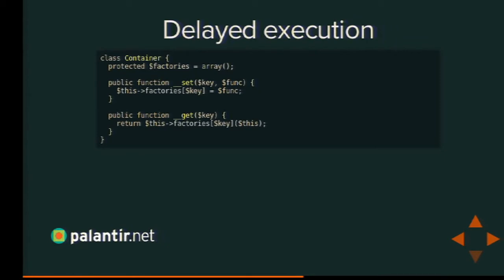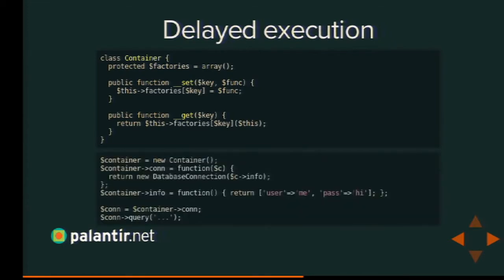And if you try and access a property that doesn't exist, it calls this function instead. So let's say when you try and set a value, you're going to set it with an anonymous function, with a closure, and we're just going to save that function to run later. And then when we try to access it, then we're going to run whatever that function was. And so we can now use it like this.